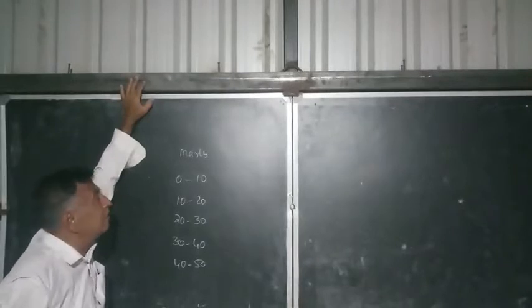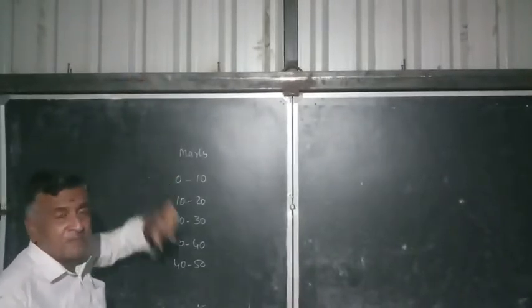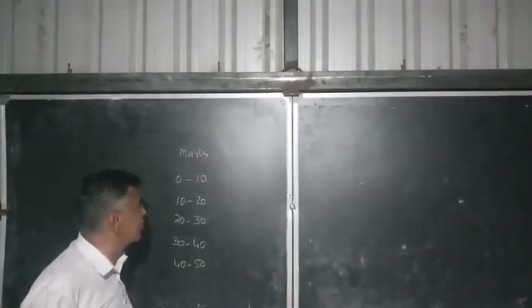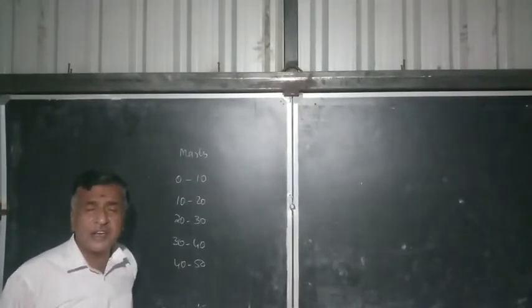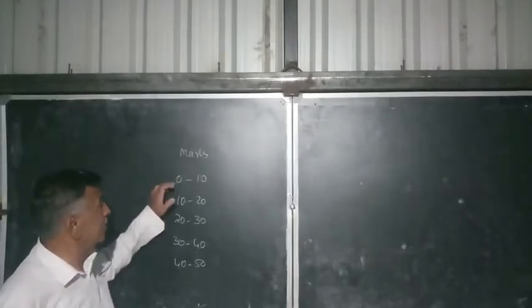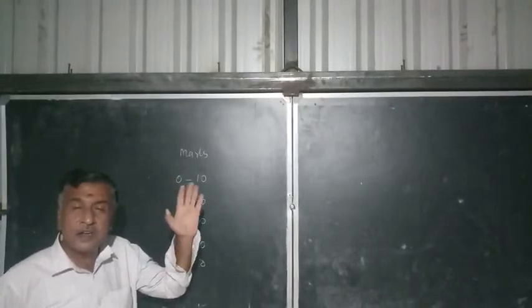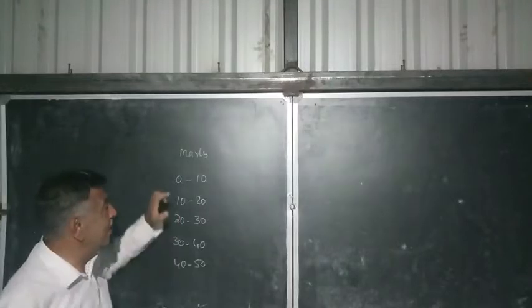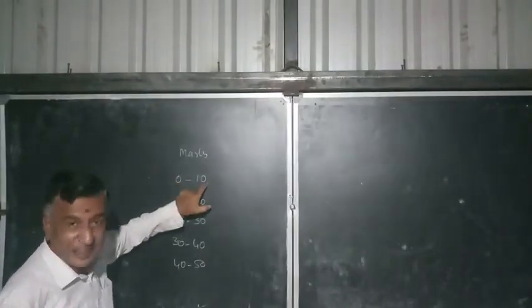See here, in the class of 0 to 10, we take all possible values from 0 to 9.9999 and so on. In this 0 to 10 class, we take 0 to 9.9999, we do not take 10. That means it includes 0 but excludes 10.